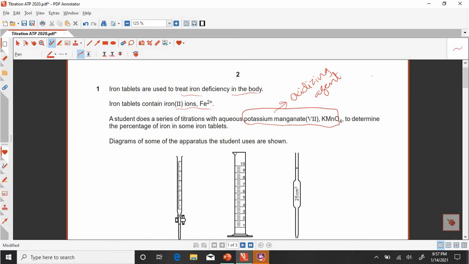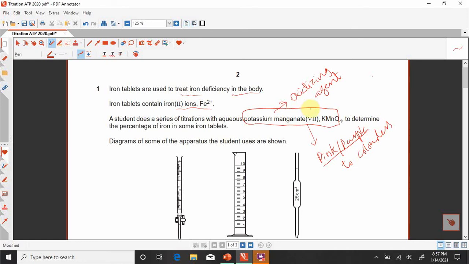And what is the color of this oxidizing agent when it is used to identify the reducing agent? Its color is basically pink or purple. It changes from pink or purple to colorless when it is used for the identification of the reducing agent.